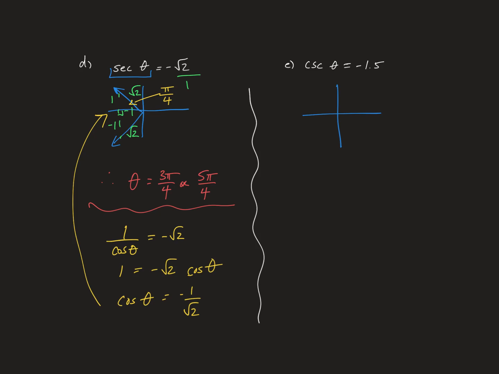So if sine is negative, that means I am down. Now we can create our triangles. Cosecant is hypotenuse over opposite. And so we could have our hypotenuse being 1.5 and our opposite being -1.